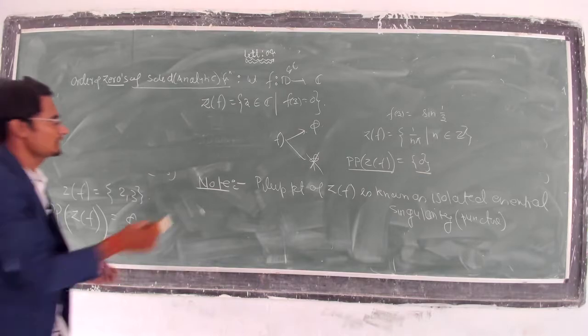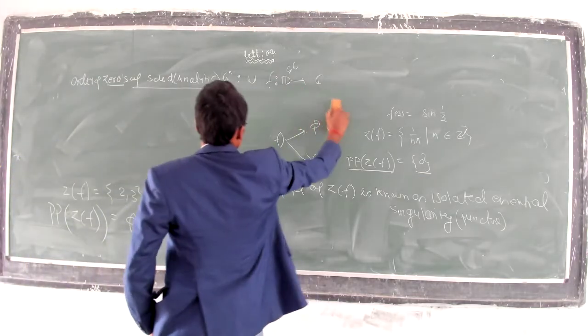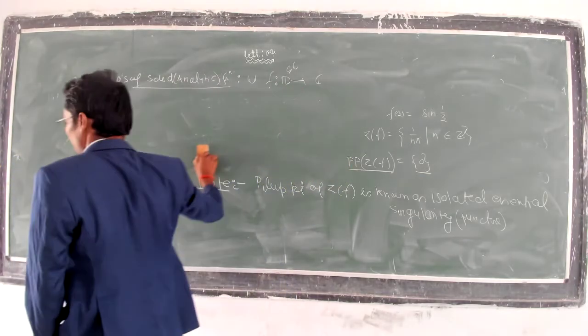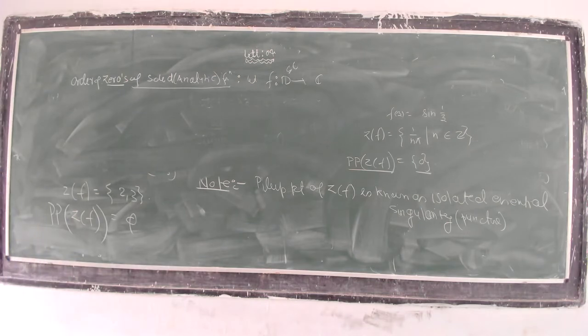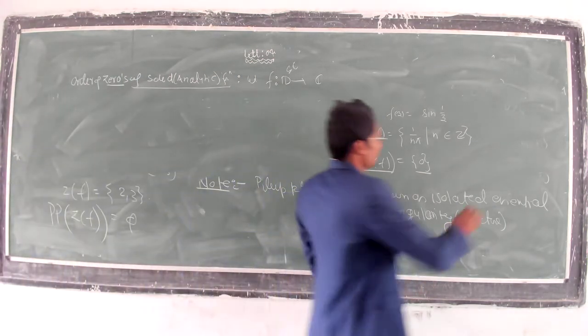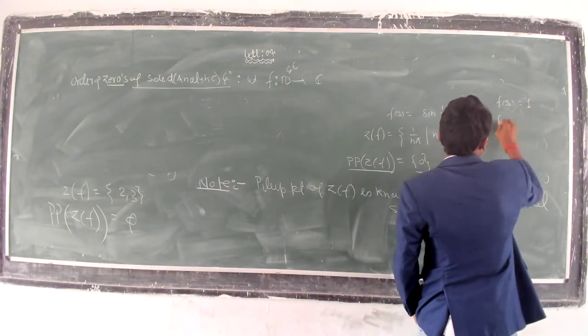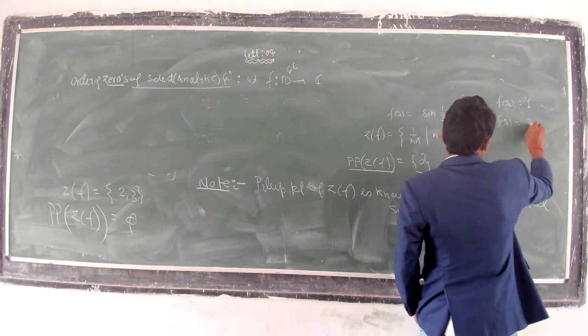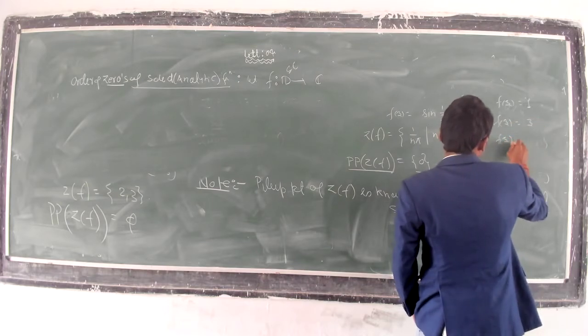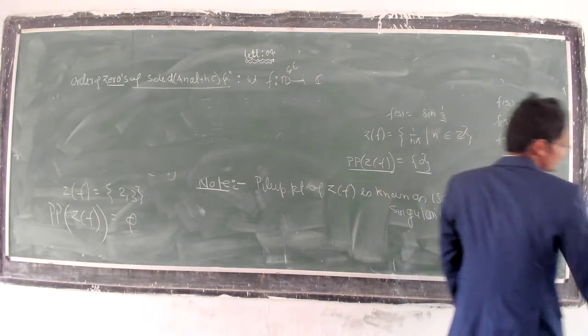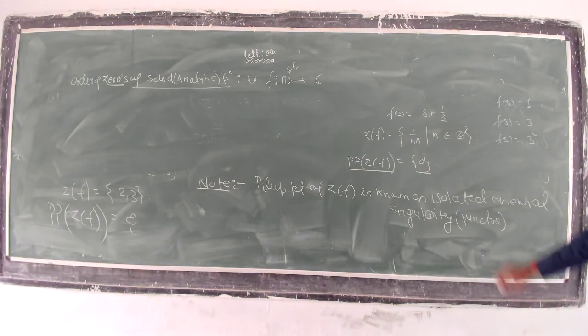Now we are going to calculate what is the order. Like I said, some function is tending to zero. What is the speed? Right? If you remember, f(z) is equal to 1, f(z) is equal to z, f(z) is equal to z square. What is the order?